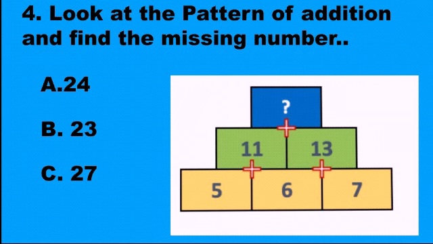So you have to find the topmost number here, and the options are also given, and you can check from the options whether your answer is correct or not. Option A 24, option B 23, option C 27. So what will be your answer? Give the answer in my comment section. So do it first.